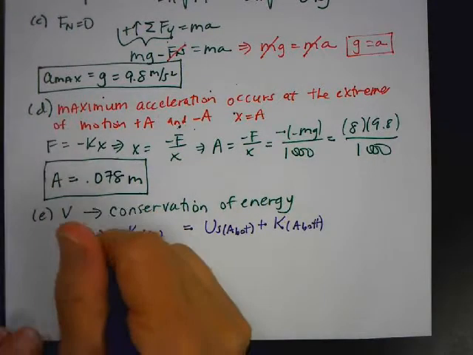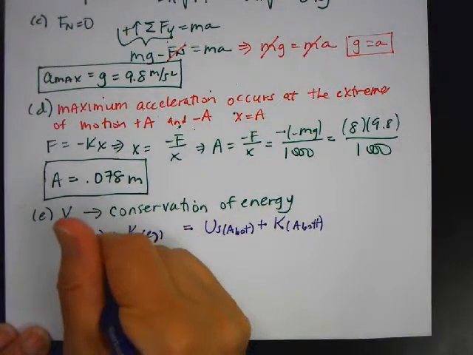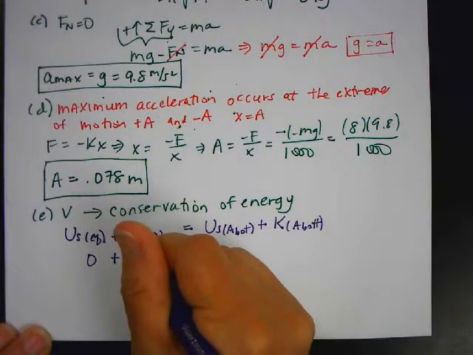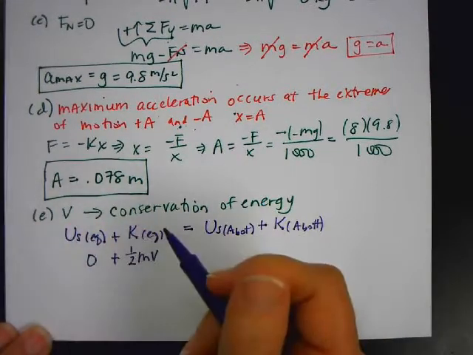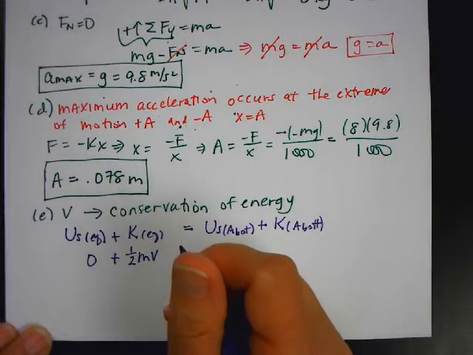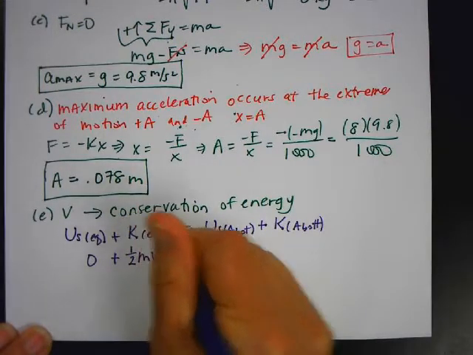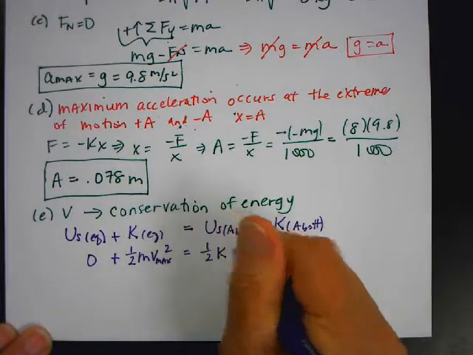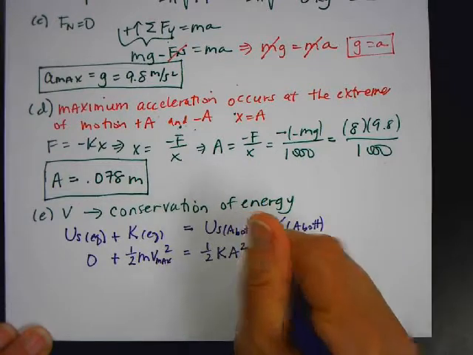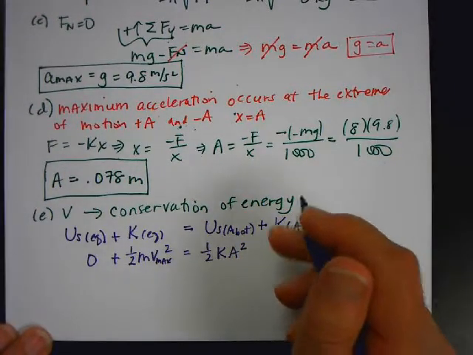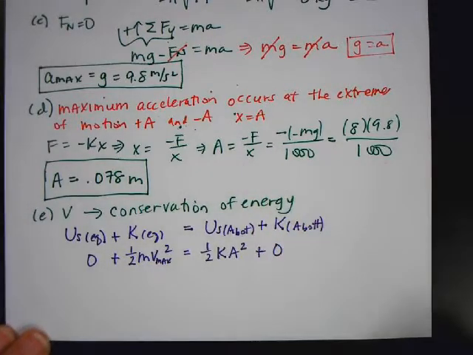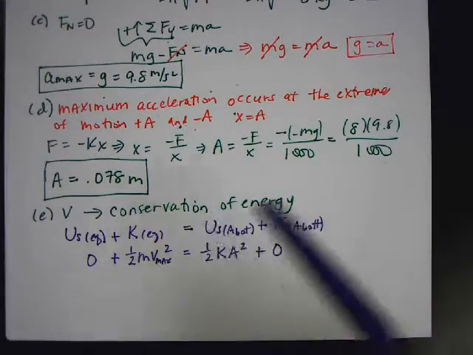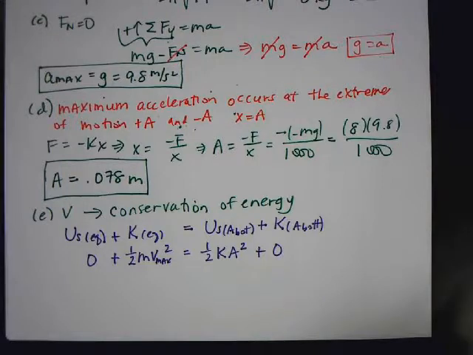At equilibrium, the potential energy of the spring is 0. Plus the kinetic energy at equilibrium, that's K max, which is 1/2 m v max squared, which is what we're finding. That's equal to the potential energy, 1/2 kx squared, but in this case it's the amplitude that we just found, so 1/2 k A squared, plus 0, because the kinetic energy is 0 at the maximum displacement, at the amplitude.